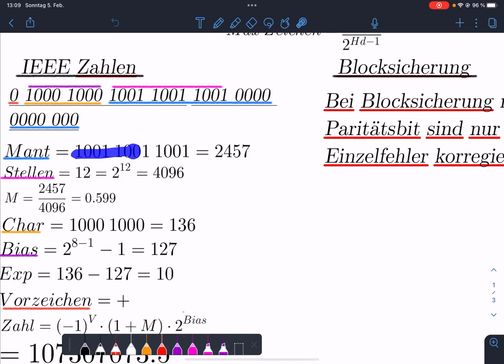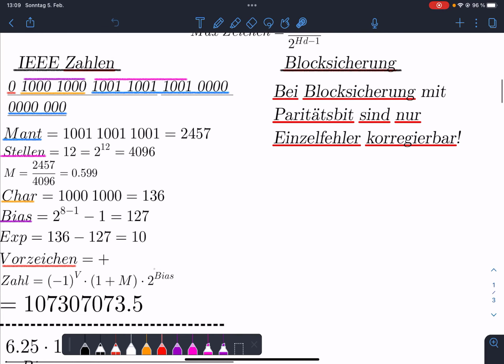So we're going to take these numbers and convert them into a decimal value, of course. And then from there, the divisor is like the bias in the sense that we take how many digits we have. So in this case, it's 4 times 3, which is going to be 12. And then 12 gives us 2 to the 12, which is 4,096.